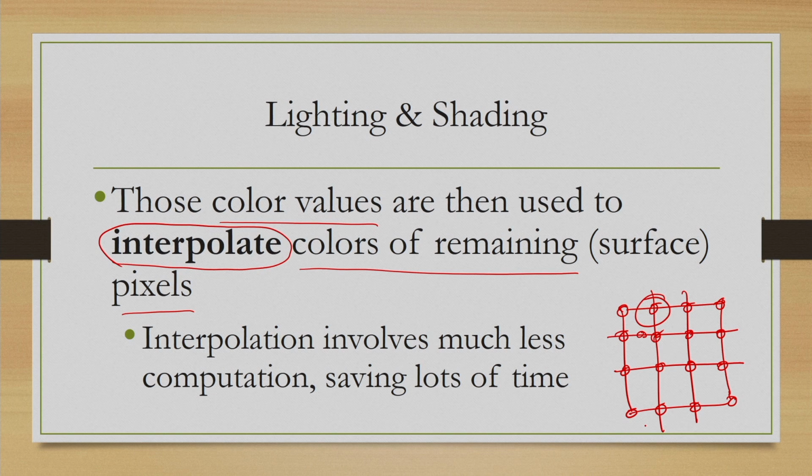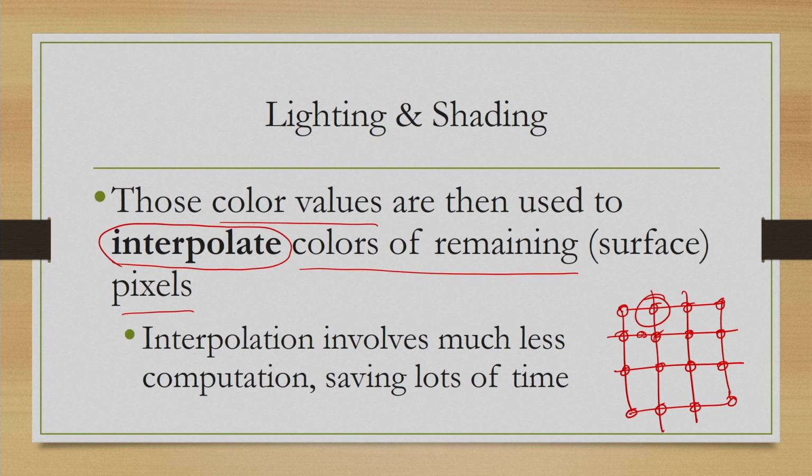Now, this interpolation is not done by applying the lighting model. Instead, interpolation is done by much less computation, mostly through some iterative process which requires less computation. So, essentially interpolating colors rather than computing colors with the lighting models saves a lot of time.